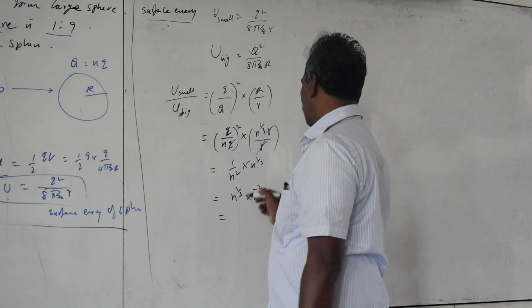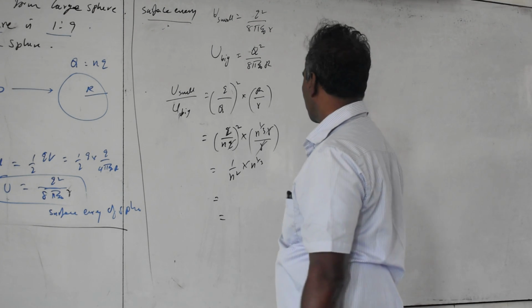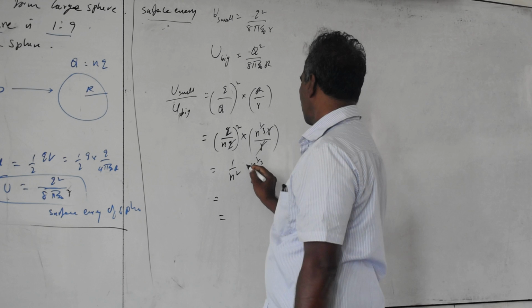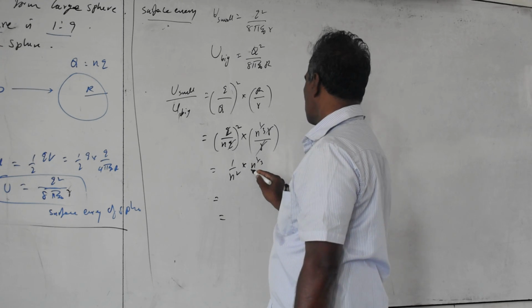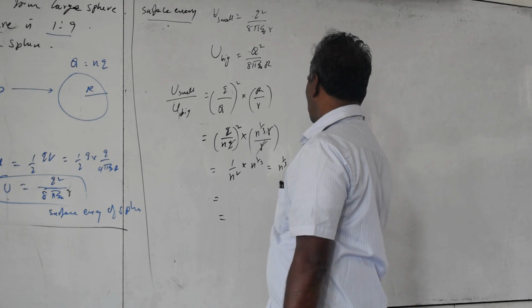Now n is 27, that is 3 cube. We take n to the power of 1 by 3 into n to the power of minus 2.